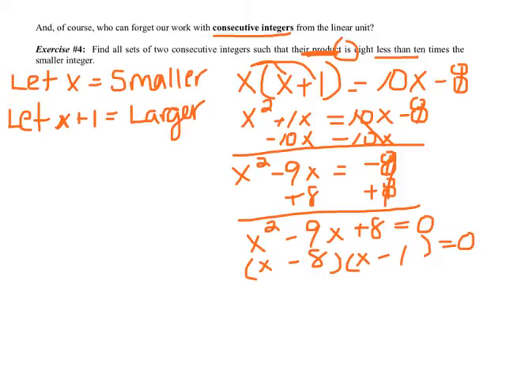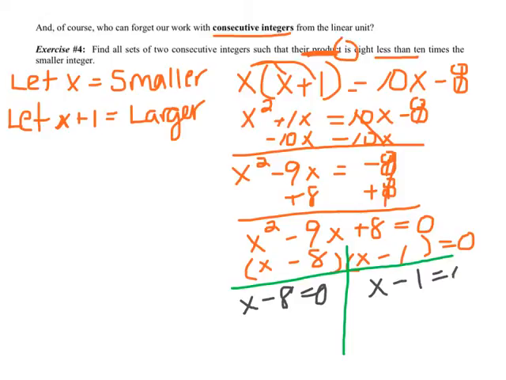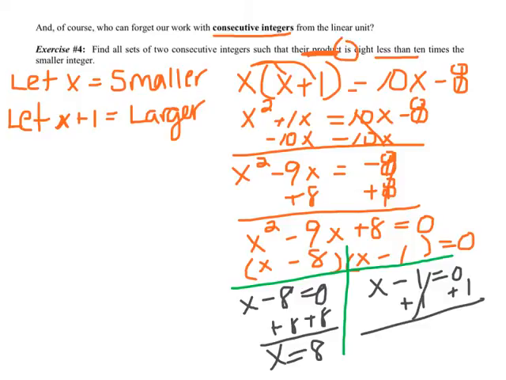Now we're at the step where it's factored. I can go ahead and tee it up. I have x minus 8 equals 0 and x minus 1 equals 0. I'm going to add 8 on both sides. My answer is x equals 8. I'm going to add 1 on both sides. x equals 1.